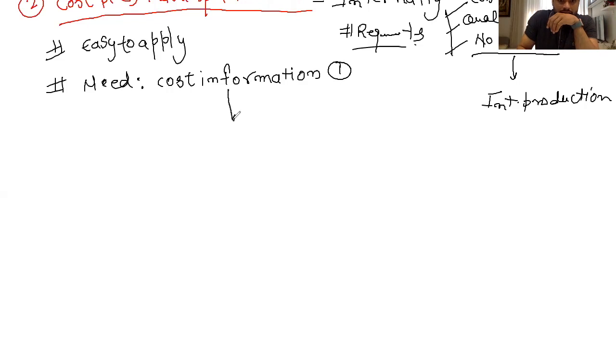Once we have cost information, the second thing we need is a markup, right? Now, what does markup mean? I don't know if you remember, in your BTech you also studied pricing decisions, all right?